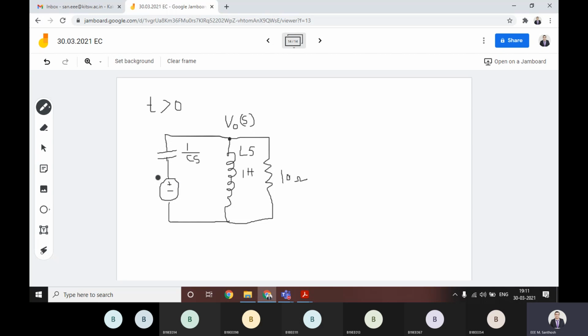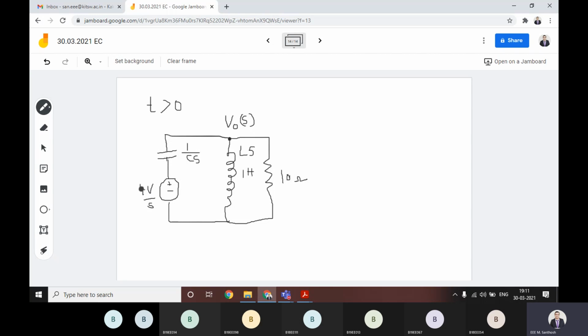Whenever you have the voltage sources, this value is 4 volts by S. Then simply V naught of S minus this value, which is actually 1 by s, right?